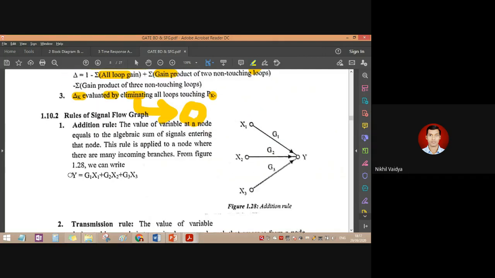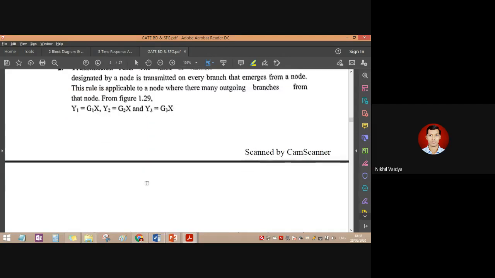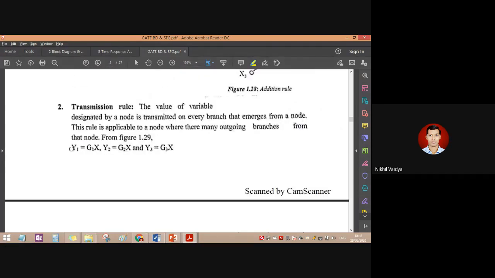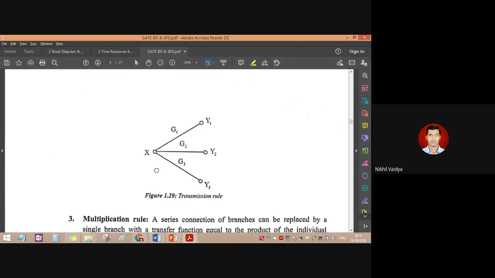Okay, and these are the very simple rules, incoming and outgoing. We know what the value of y will be here: x1 into g1, x2 into g2 and x3 into g3. And this is a transmission rule, that is nothing but our cascade rule.